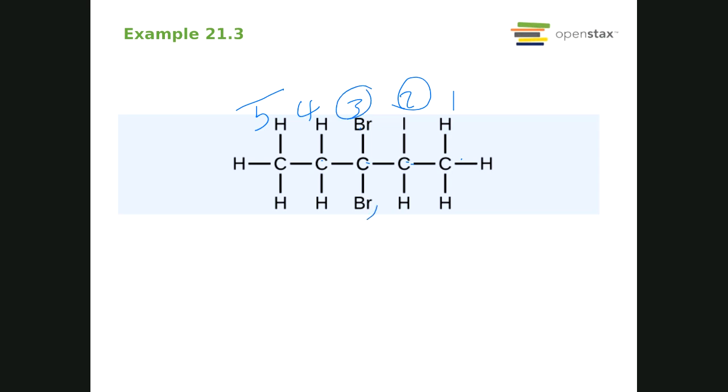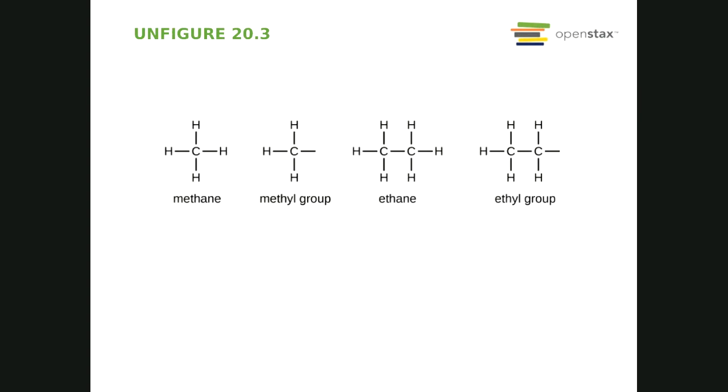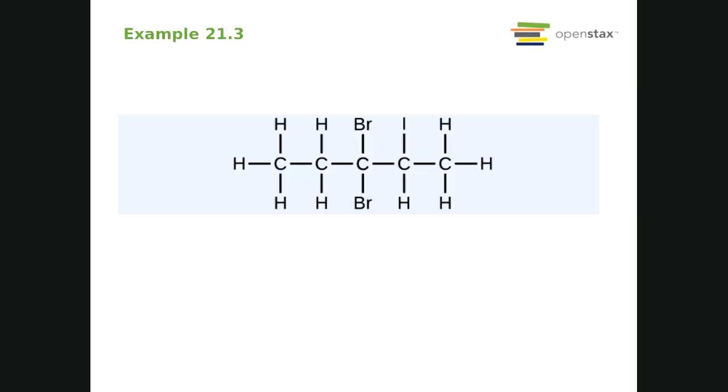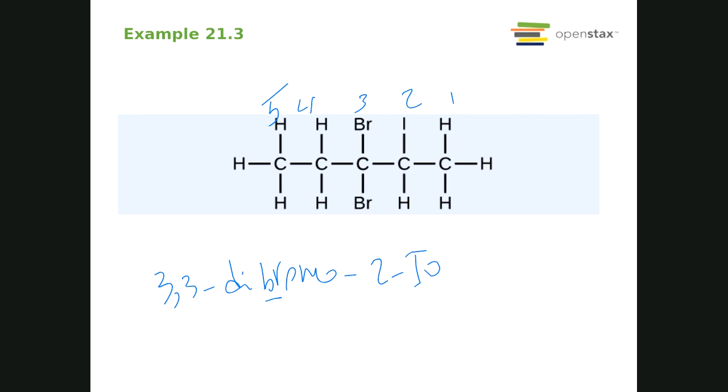So it's going to be named 3,3-dibromo, because B comes before I, and then 2-iodo and 5 carbons, pentane.